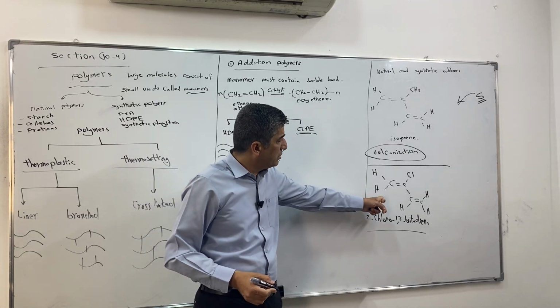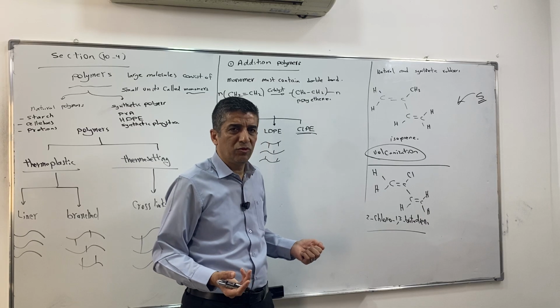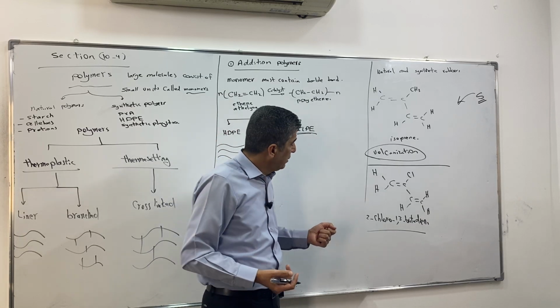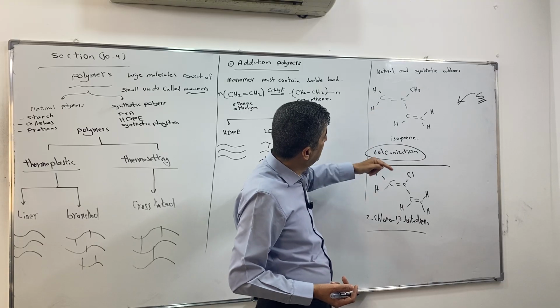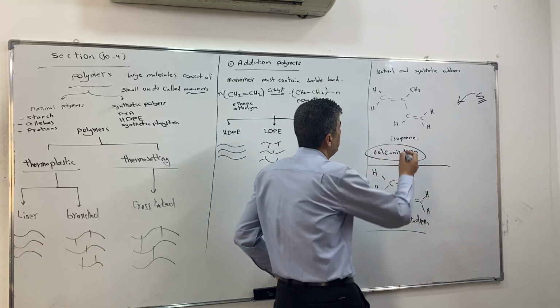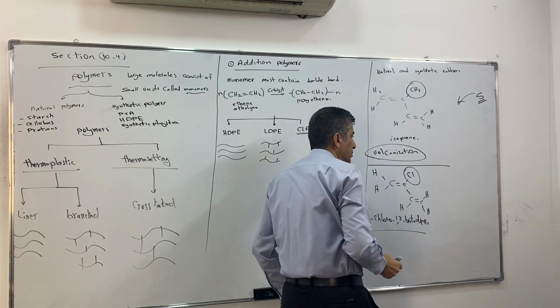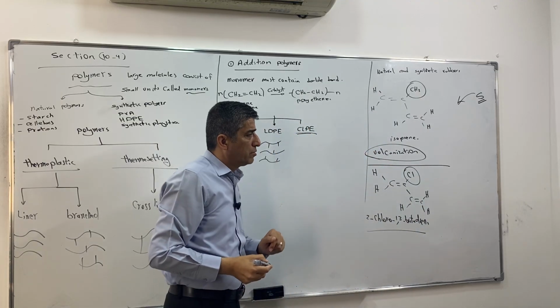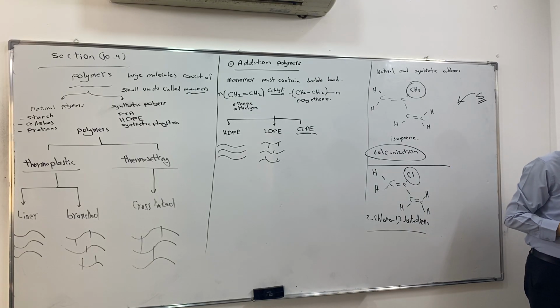This rubber does not need the addition of sulfur because it is very hard. The difference between the natural rubber monomer and the synthetic rubber monomer is that CH3 is replaced by Cl, in the same location as the CH3 in natural rubber.